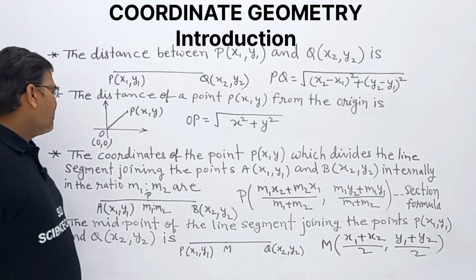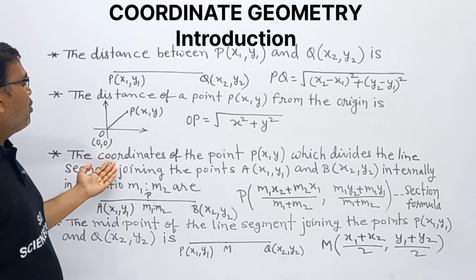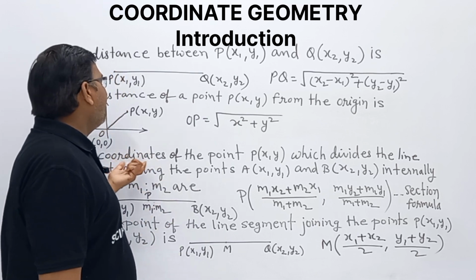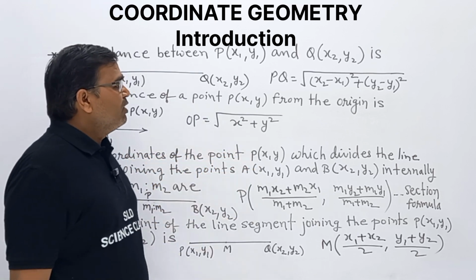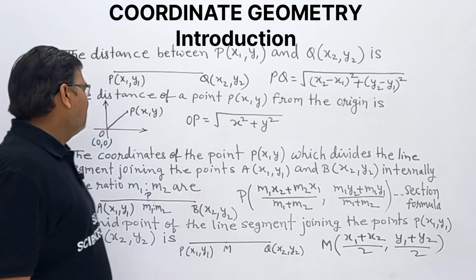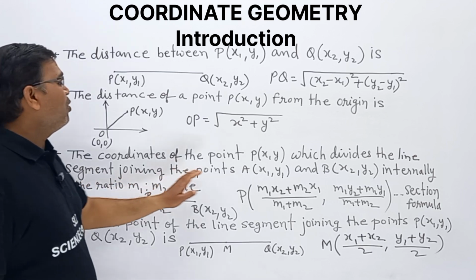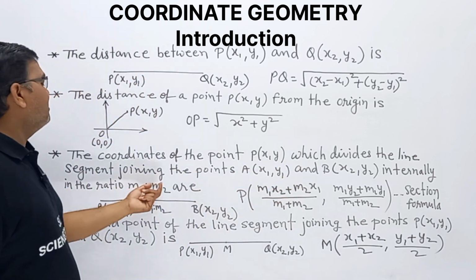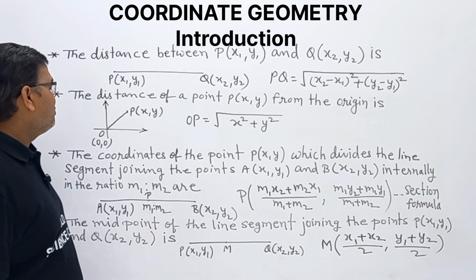Clear? Now next one, the coordinates of the point P which divides the line segment joining the points A and B internally in the ratio m1 is to m2.